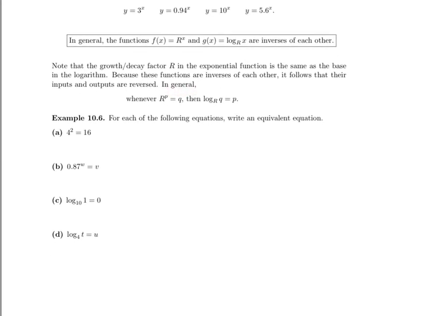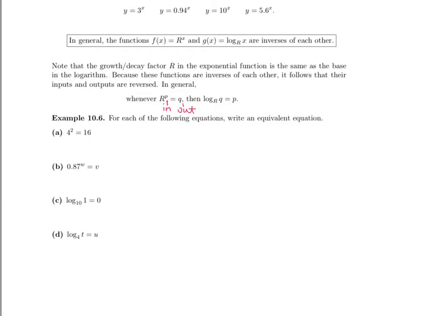In general, whenever r to the p is equal to q, then log base r of q will equal p. This statement says that these two functions have opposite inputs and outputs. So the p here is the input for the exponential function, and q is the output.